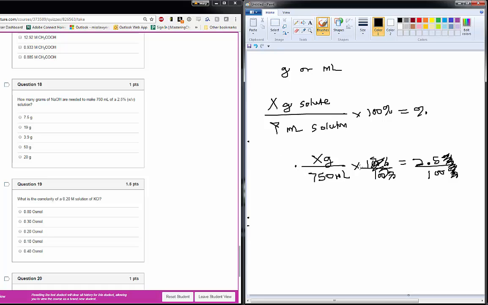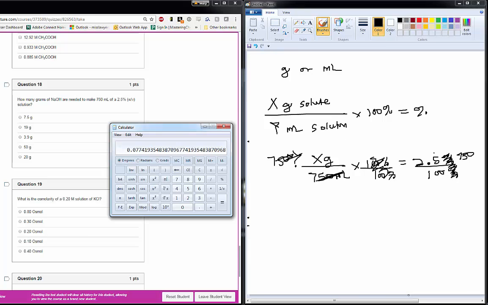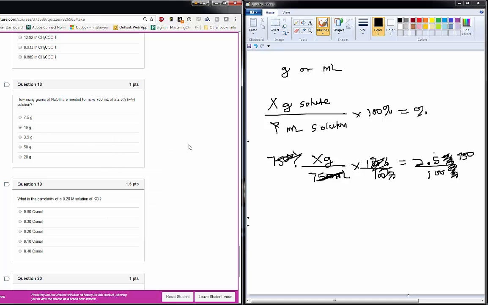We'll multiply each side by 750 milliliters. So that cancels, and we'll get the number of grams. So 2.5% divided by 100% gives me a fraction of 0.025. Multiply that by 750. Means I'm looking at 18.75 or 19 grams of sodium hydroxide.